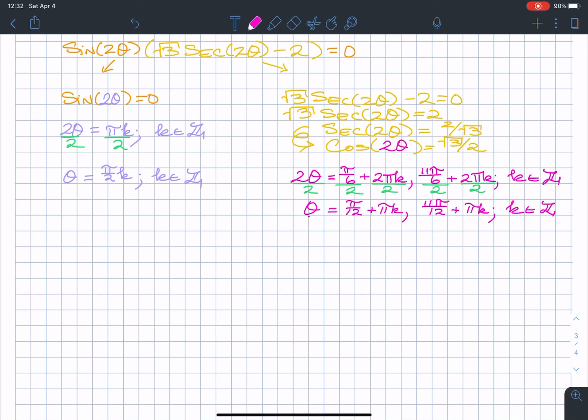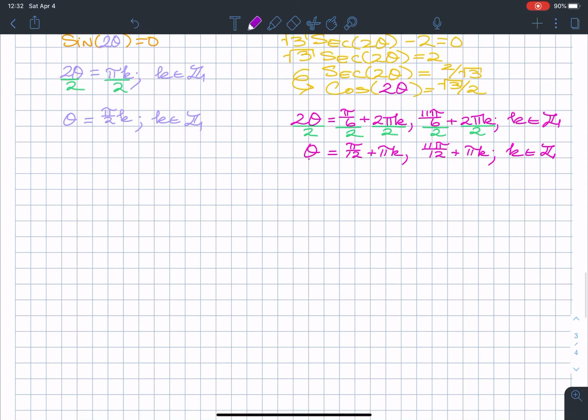So altogether, what are all of the possible thetas for which this equation is true? That's going to be, let's do with the smallest, so pi over 12 plus pi k.